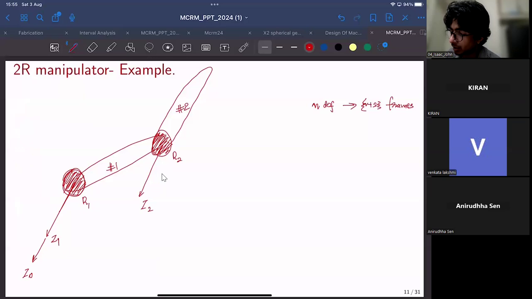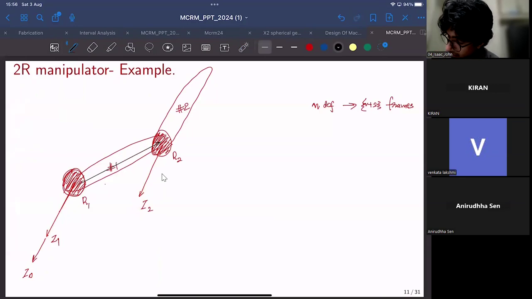And the X axis: in order to fix it, we'll first have to look at X1. As per the convention, X1 would be along the common normal between Z2 and Z1, right? And the common normal between Z2 and Z1 would be along this line, along that link length actually.